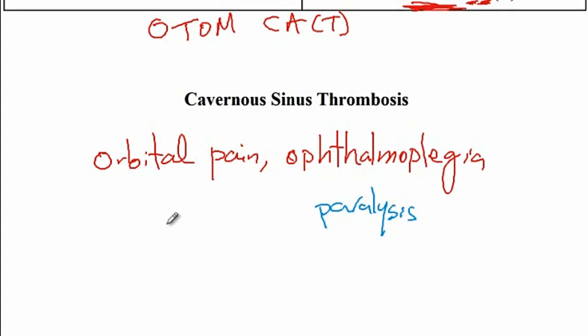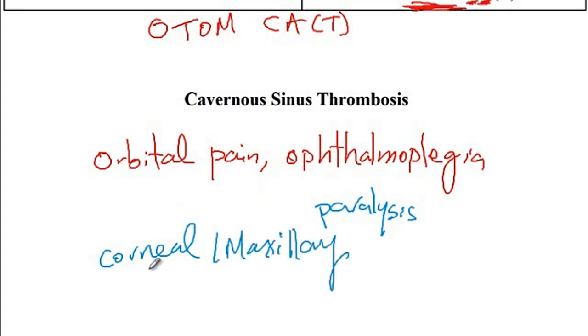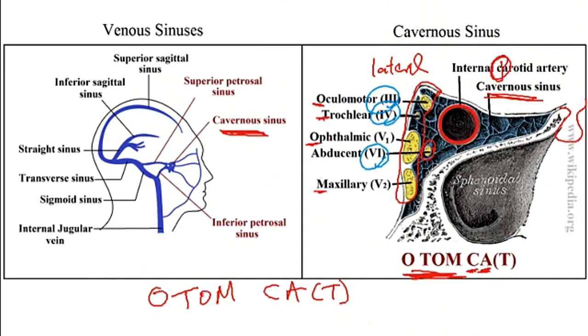In addition, there could be loss of sensation in the corneal and maxillary areas, and that is due to the involvement of the ophthalmic branch of the trigeminal nerve as well as the maxillary branch of the trigeminal nerve. So here, let me show that to you again. So here we had the ophthalmic branch as well as the maxillary branch.